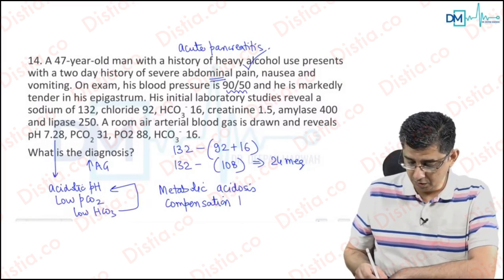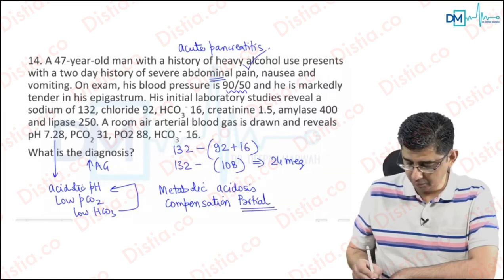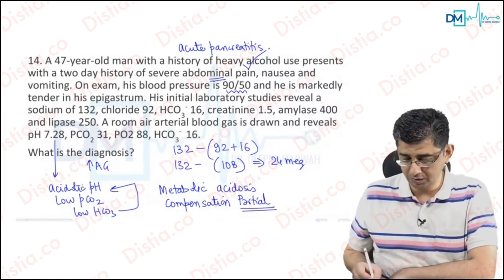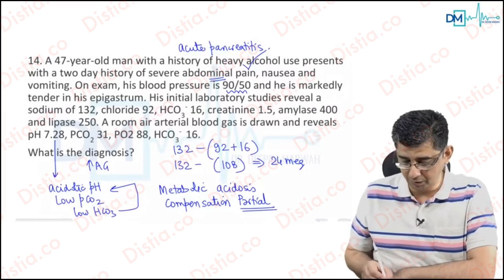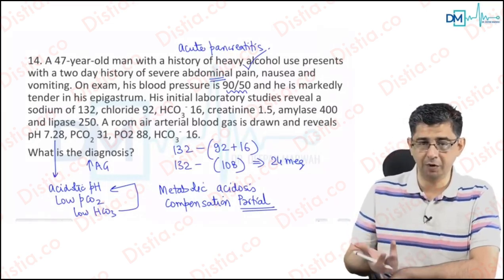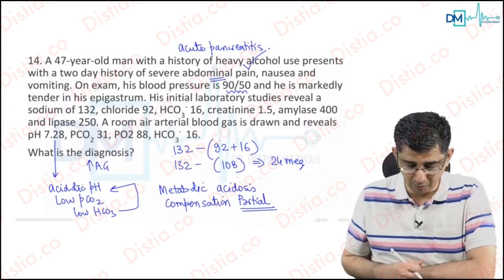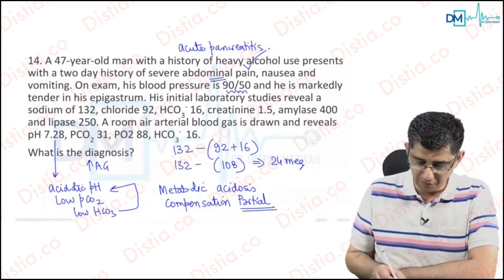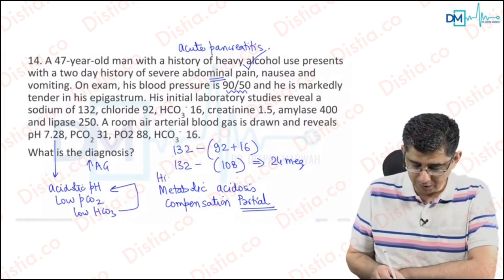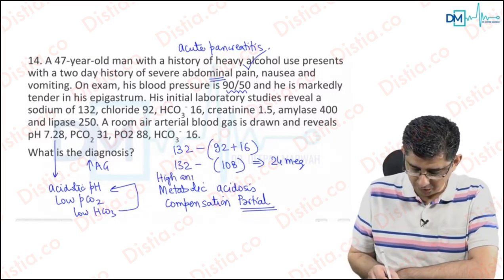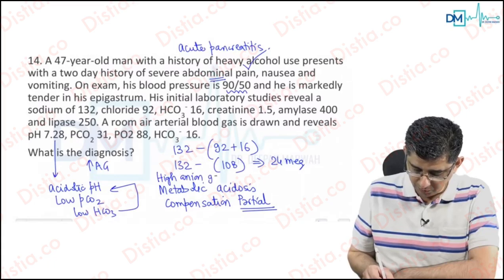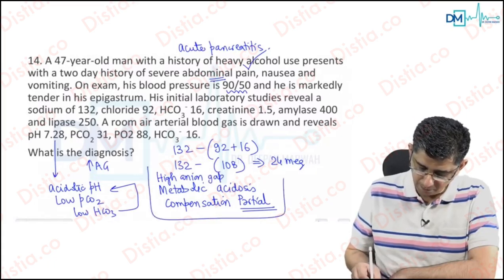This guy is having a partially compensated metabolic acidosis having a respiratory component. What I imply by respiratory component is that the hyperventilation has resulted in washout of carbon dioxide of the patient. The final answer to this guy is HAGMA, that is high anion gap metabolic acidosis with partial compensation.